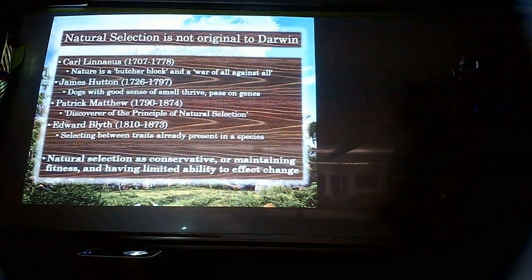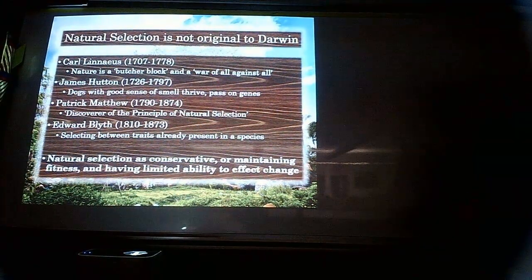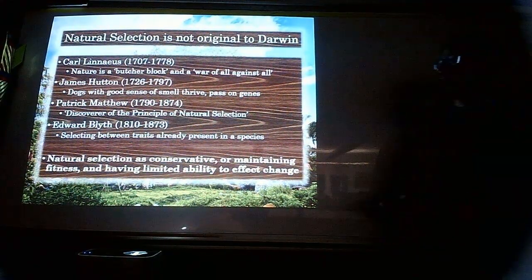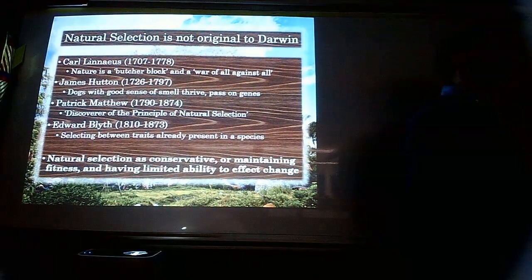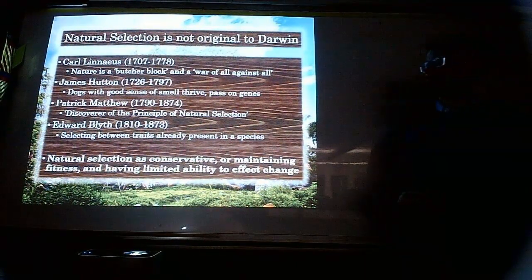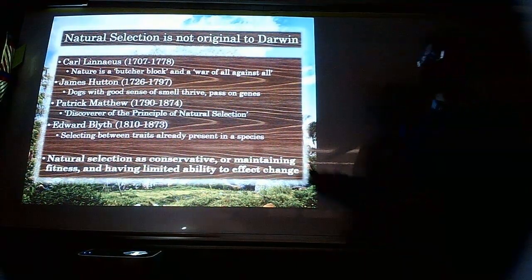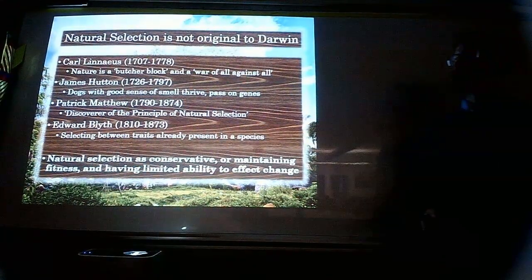So what I just kind of want to show you a little bit here is natural selection and this process of species changing in a small way over time. It was not first found out by Darwin. It was figured out by a bunch of other people in the past, actually.